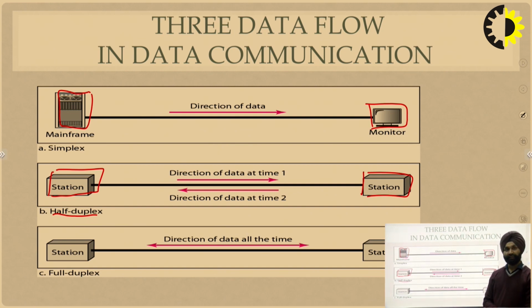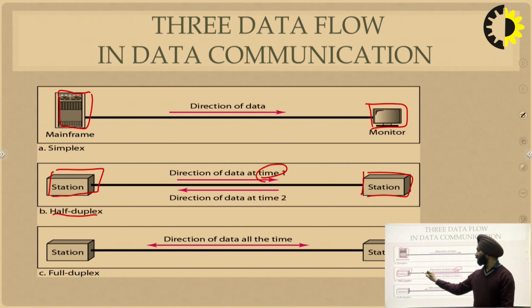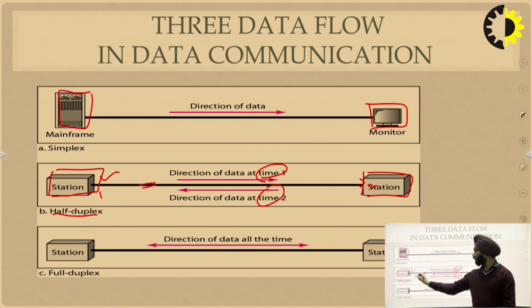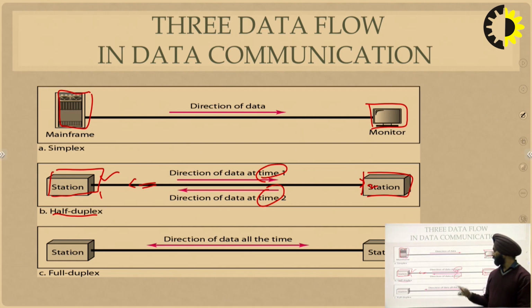So at time slot 1, the whole channel is used by station 1 for communication from 1 to 2, and in time slot 2, station 2 will transmit to sender 1. So there is whole utilization of the channel in that duration.